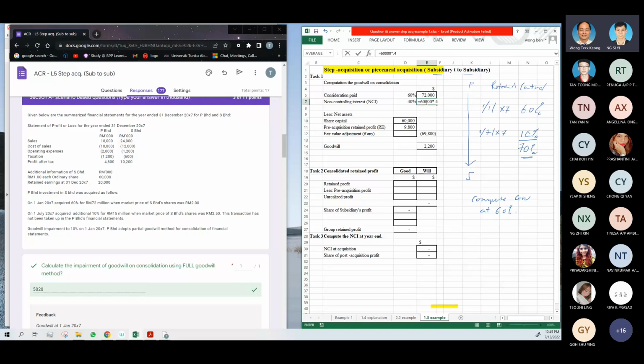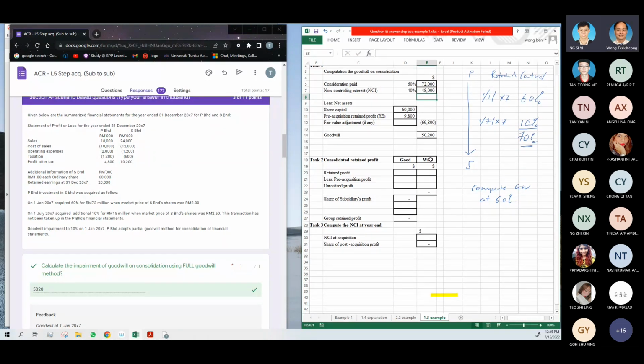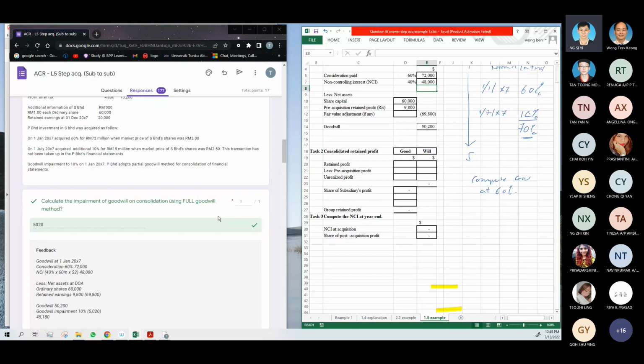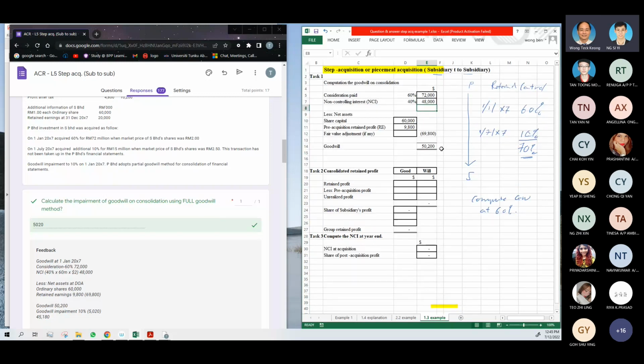It is 5020. So the impairment is 10% of the 5020. Up to here, any questions?